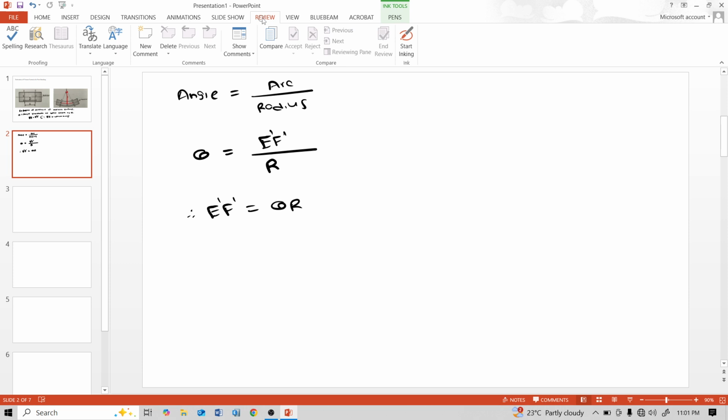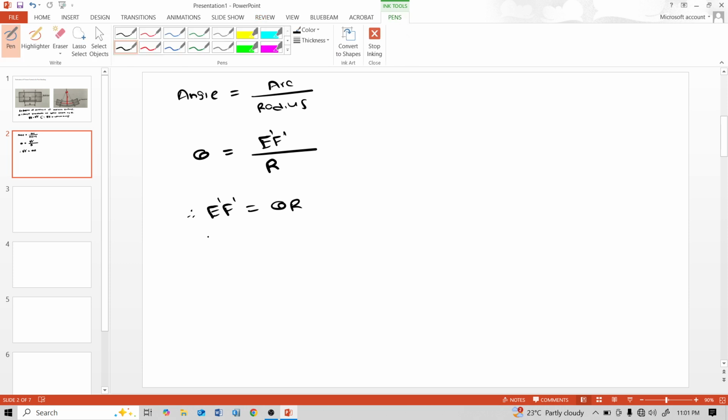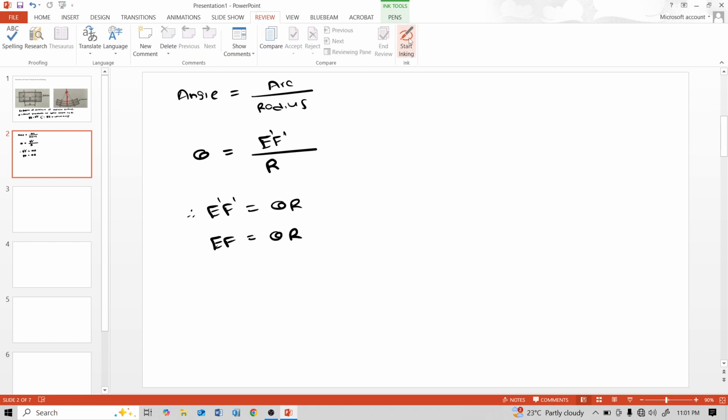So EF is equal to theta R. This is equation 1.